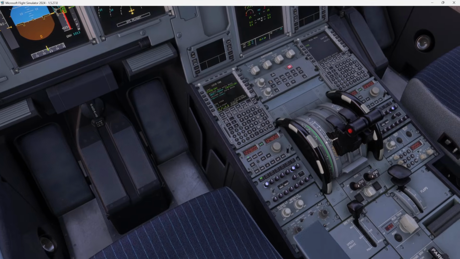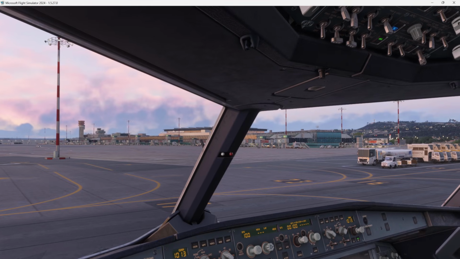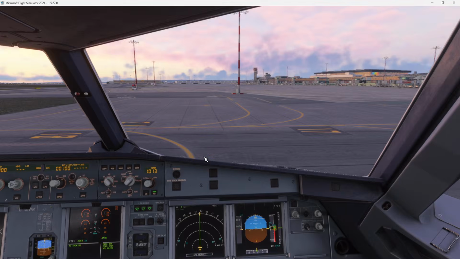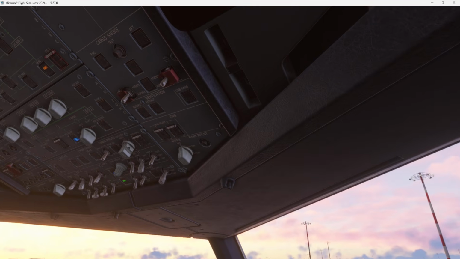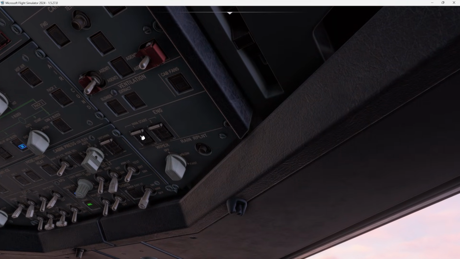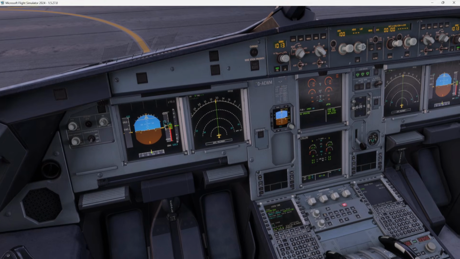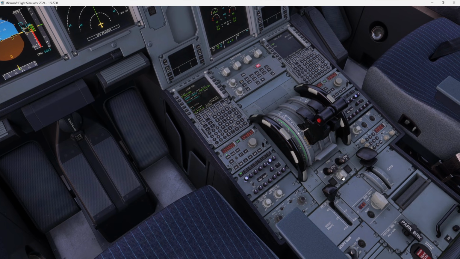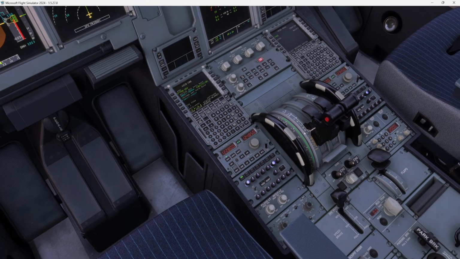We have a lot of types of how to start the engine. You can start it manually. Later on we will talk about a manual startup. Here we are not going to use it, we are going to use a normal startup. So here we have the engine mode selector.